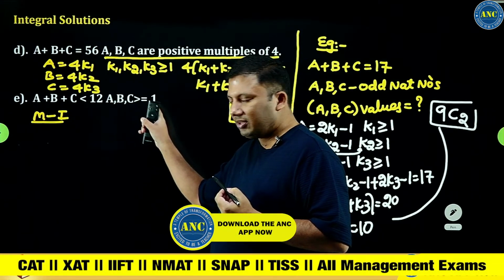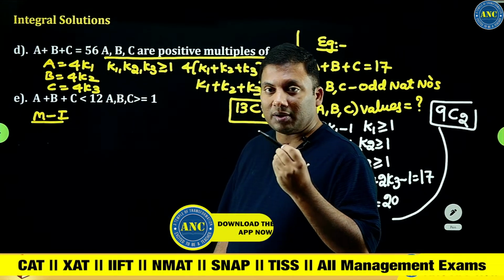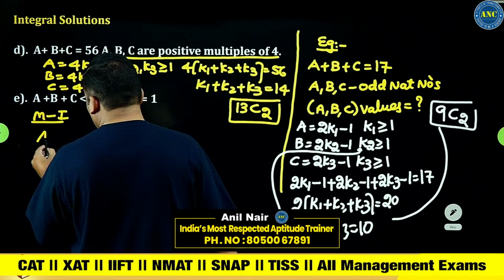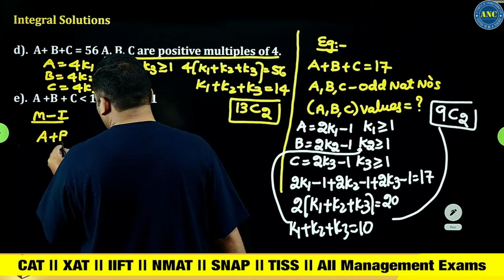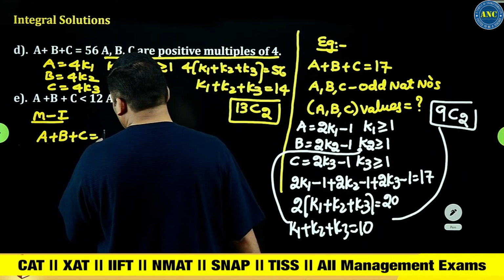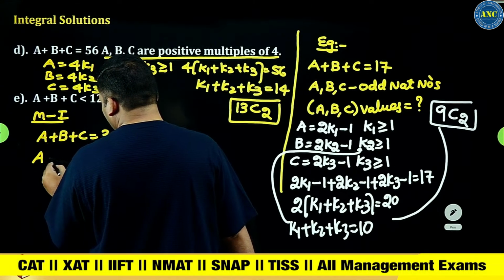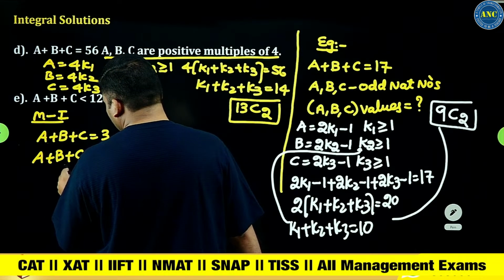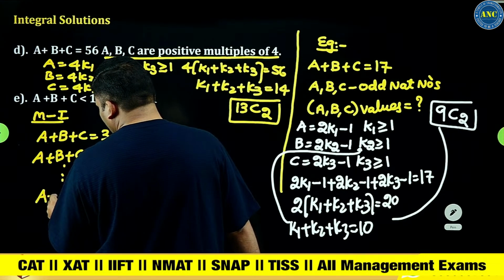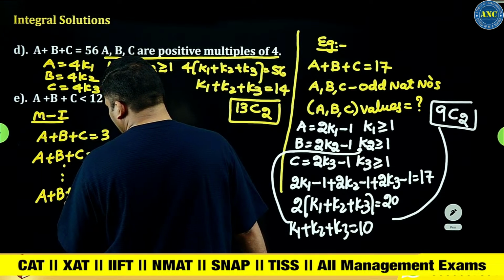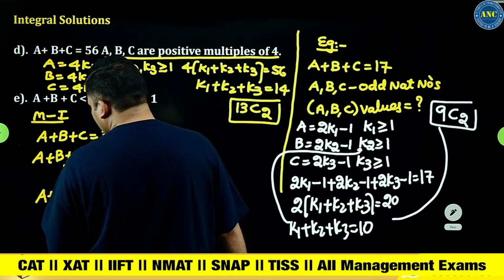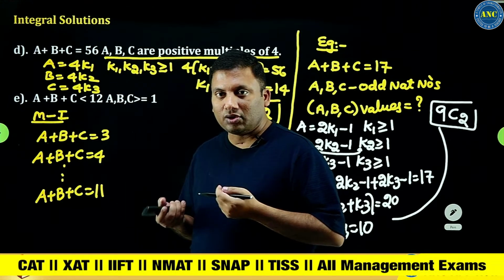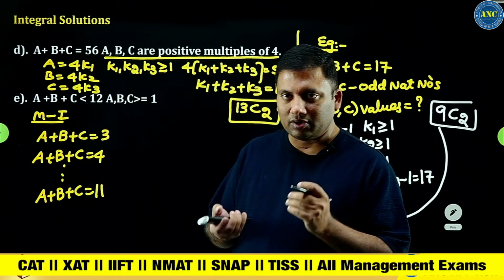All start with 1, and 1 plus 1 plus 1 is 3. So A plus B plus C is 3, 4, and so on up to 11. When I say x is less than 12, we have to take values till 11.